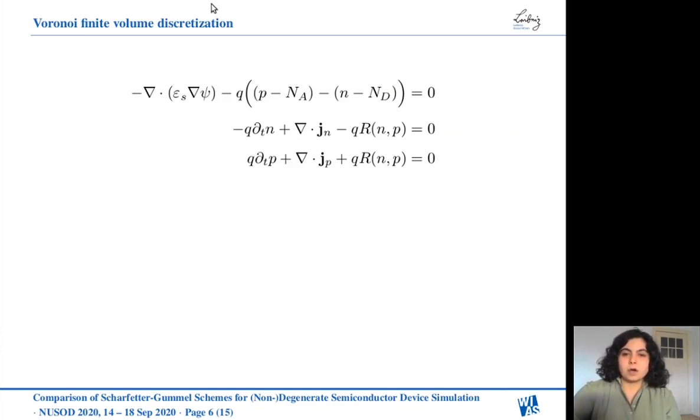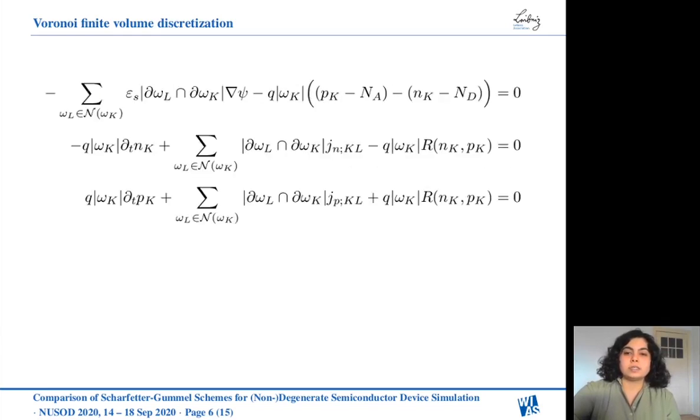After applying the common steps of a finite volume discretization method to our charge transport model, we receive this fully discretized finite volume system. The crucial question in this talk is how to choose these two current densities in red.